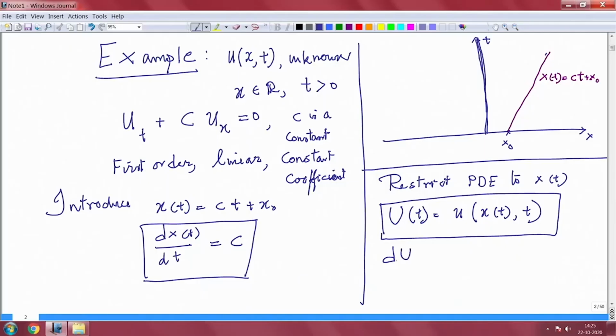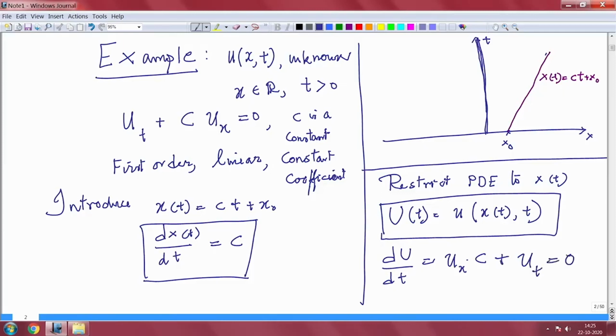So, I want to understand the derivative of u. I differentiate du by dt, that is nothing but differentiate with respect to x, but dx by dt equal to c, and differentiate with respect to u, and that is equal to 0.